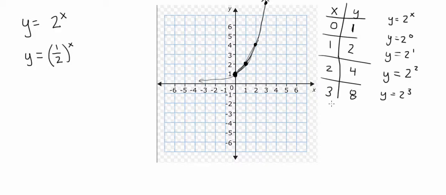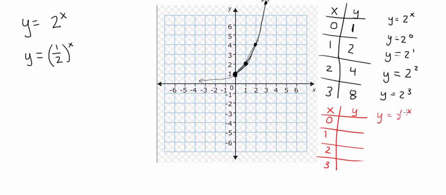Now we're going to do the same thing with 1/2 to the x power. We'll have x and y, with 0, 1, 2, 3, and we put these into 1/2 to the x power.